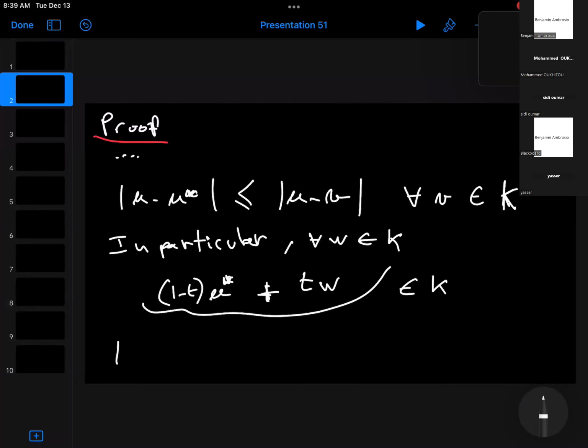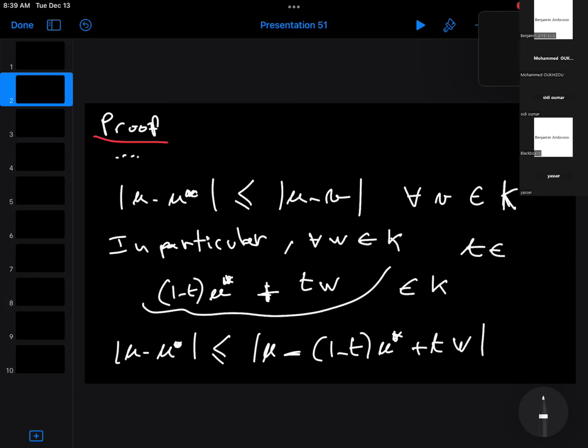So I can say that the norm of U minus U star is less than the norm of U minus ((1 minus t) U star plus t W). So of course t belongs to the interval [0, 1].